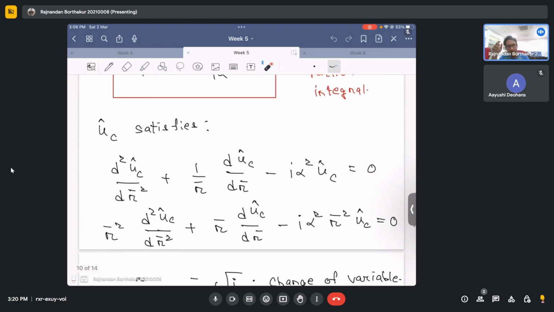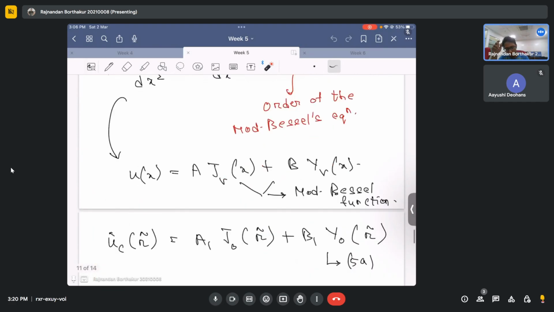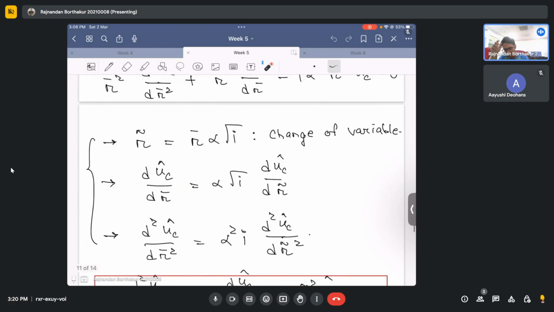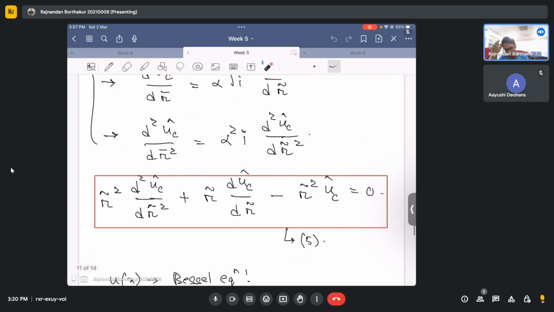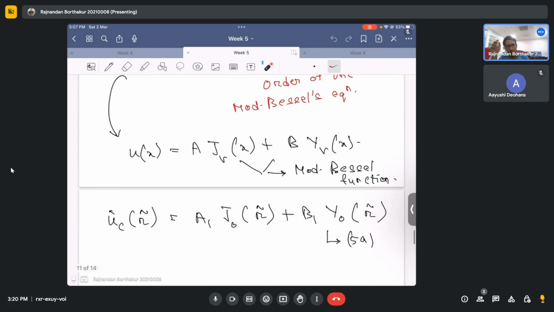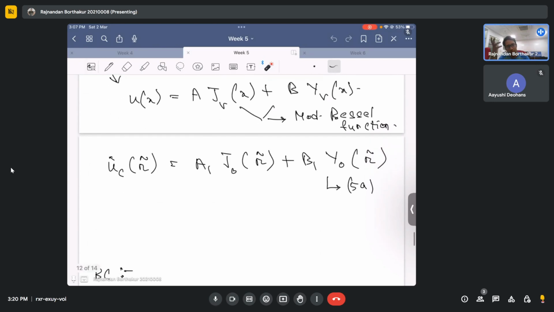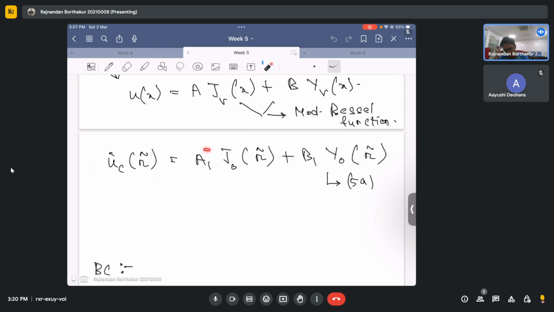And then for the complementary function, we did a change of variable, and we found out that the complementary function came out to be the modified Bessel function. If we know that the equation is of the form of this modified Bessel function, then its solution would be the Bessel function of the first and second kind. Then we implemented the boundary conditions to find the constants a1 and b1.